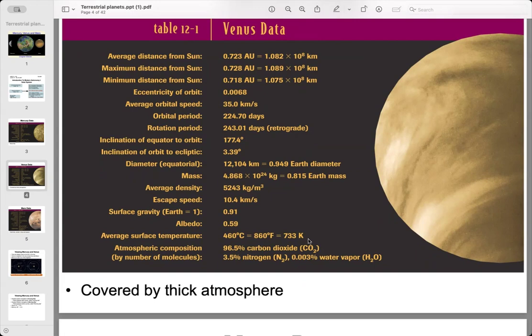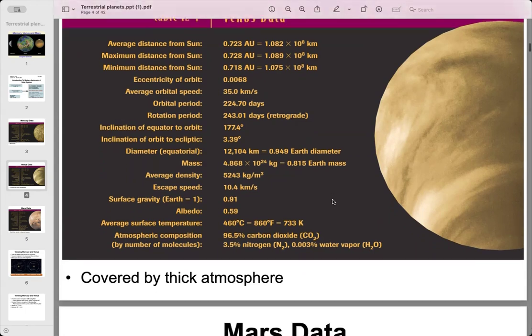Venus is also called Earth's twin because it has many properties which are similar to Earth. For example, its surface gravity is 0.91 or 91% of the Earth's gravity. In size as well, it is pretty close to the Earth's size.